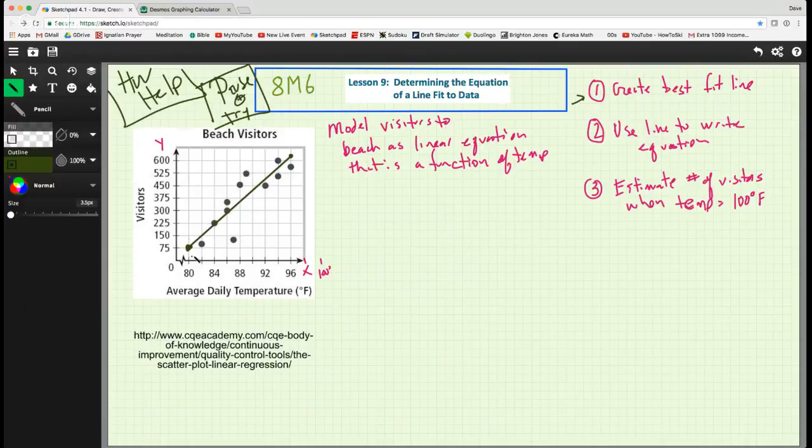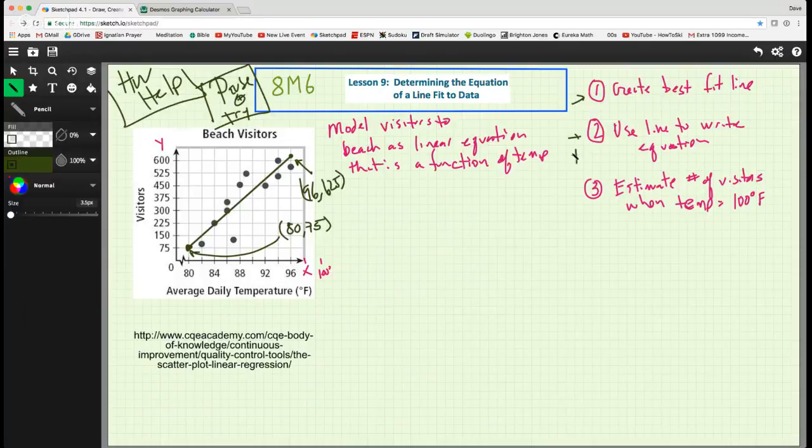So this point here is 80, 75, and this point here is 96, 625. Now, I encourage you again, now that I have the numbers, I want you to write the equation.